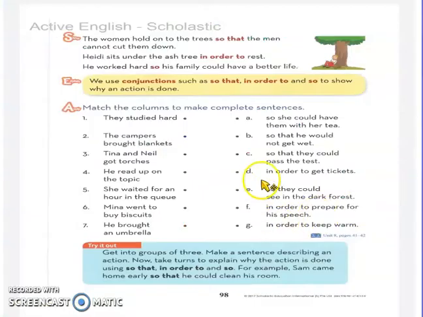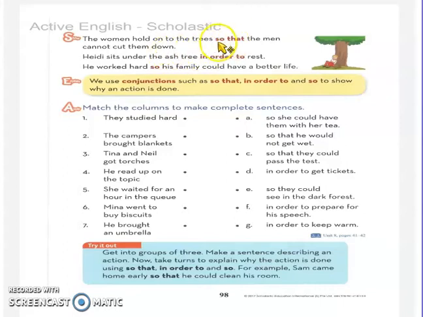Let's go to the course book page number 98. The woman hold on to the trees so that the men cannot cut them down.